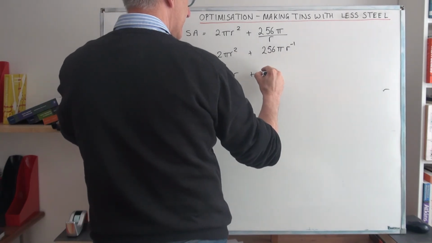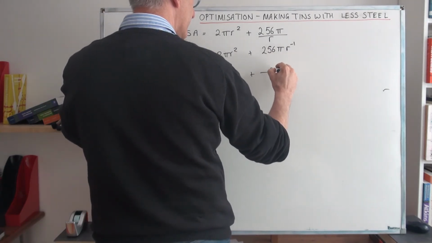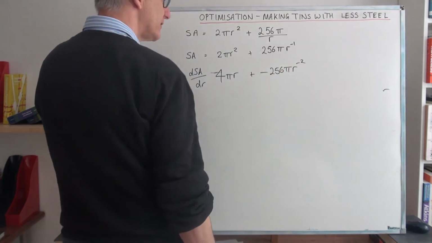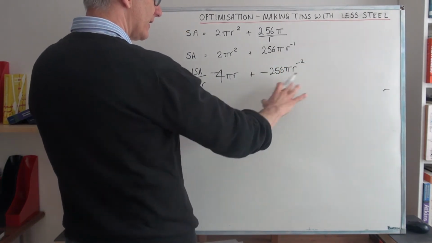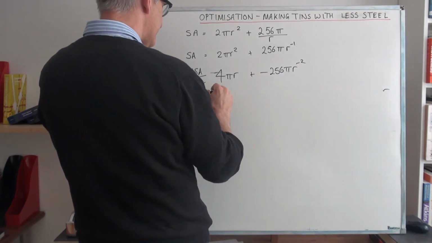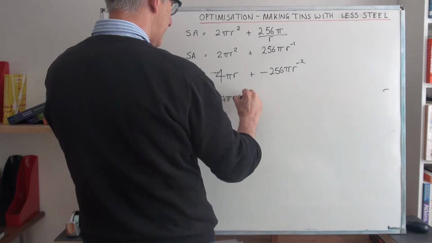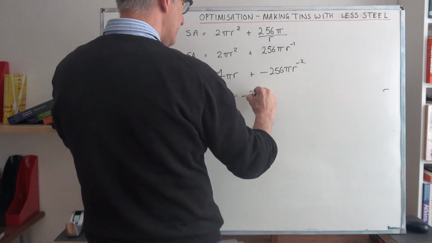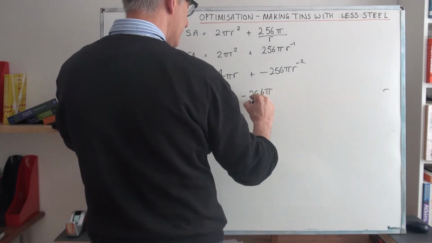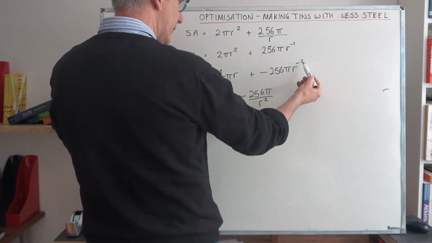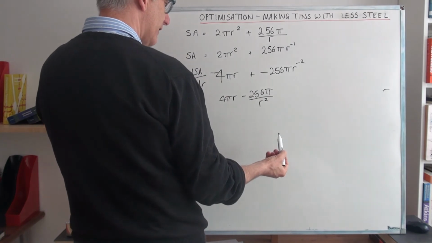That is now minus 256 pi r to the minus 2. We can now tidy that up a little bit and say that what we've got is 4 pi r minus 256 pi divided by r squared, which is just the other way of writing that power there.